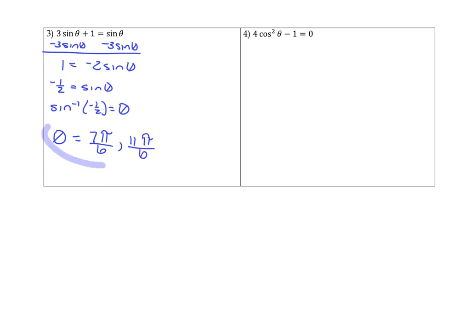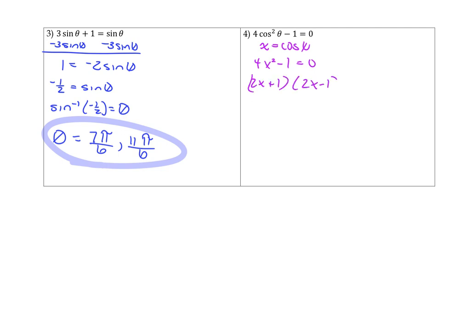And there's those solutions. Okay, so this one, I'm going to factor it. I can sub in x to be cosine theta. So 4x squared minus 1 factors into 2x plus 1, 2x minus 1.